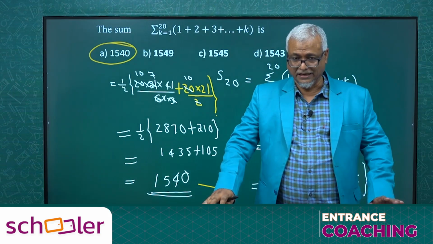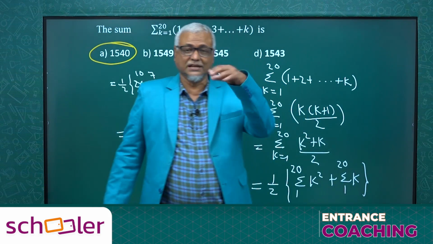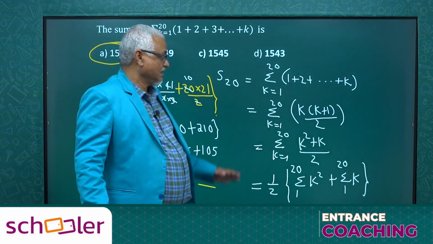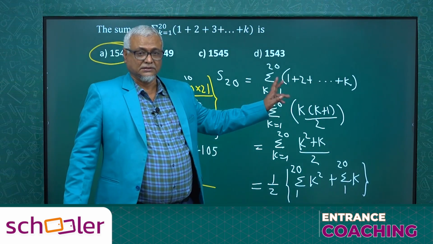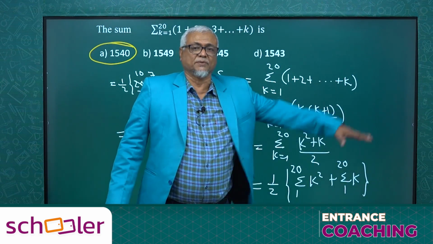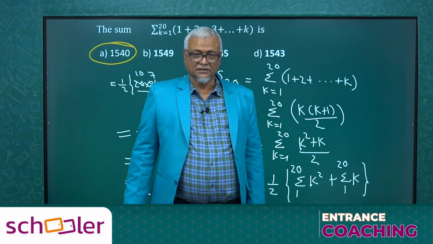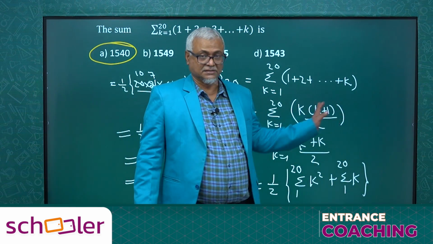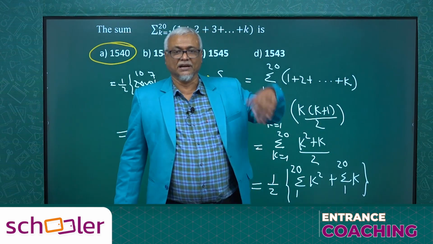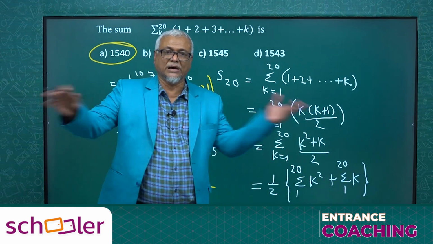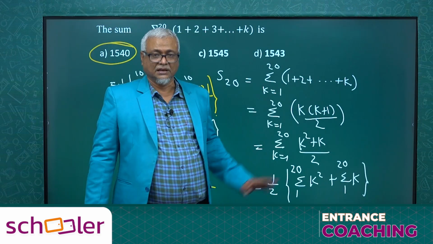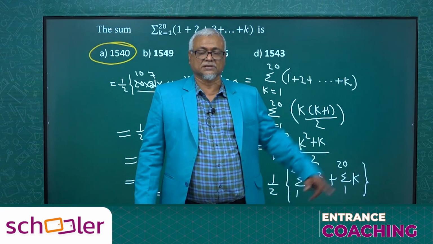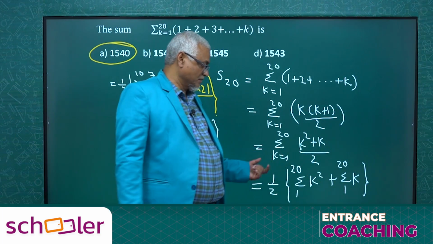Once again, quickly see, this is the question. What we did first: we wrote the formula for 1 plus 2 plus up to k, which is k into k plus 1 by 2. We simplify this; if there is any multiplication or addition, you do that. That is what simplification means. k into k plus 1 is k square plus k, and we take 1 by 2 outside.